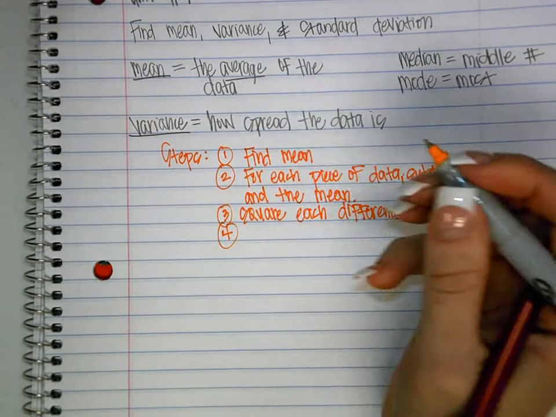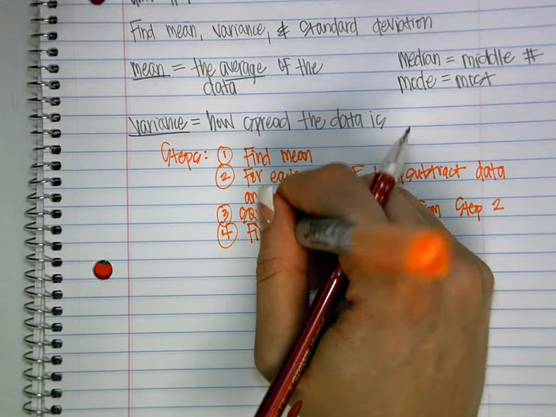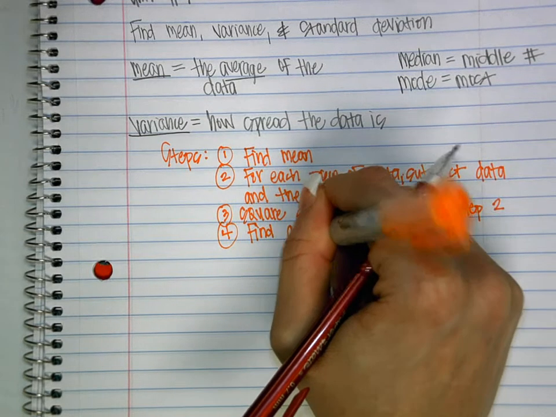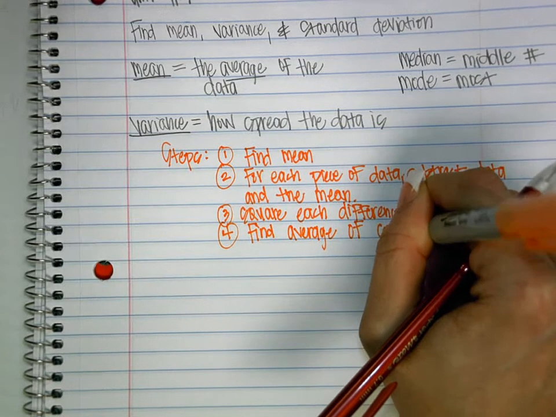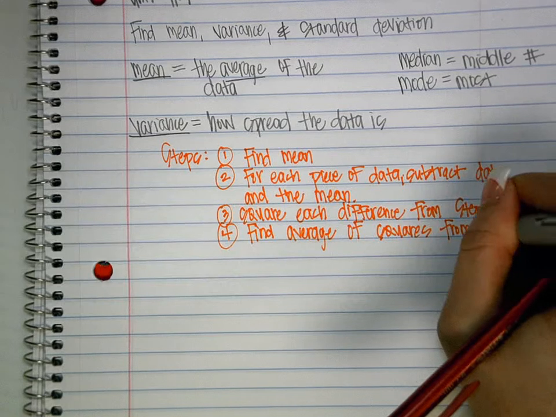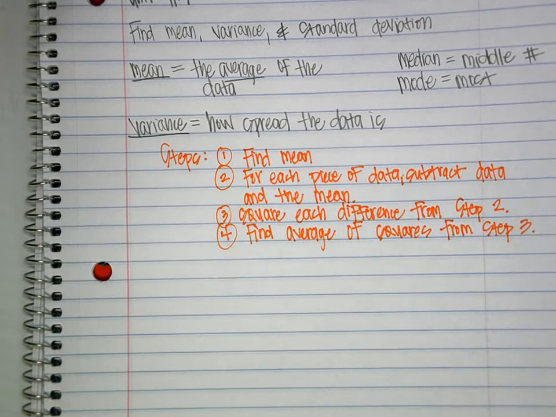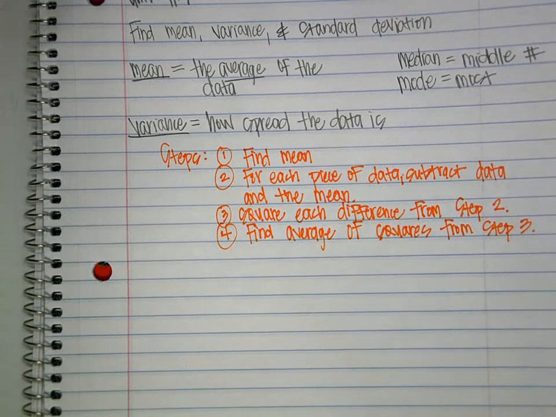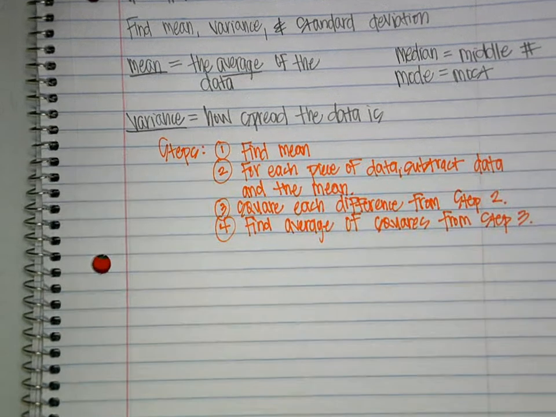And the last step, step 4, is to find the average of the squares from step 3. You have to memorize these steps. I am not going to have them on the poster for you. These will not be up for you. You will have to memorize them.